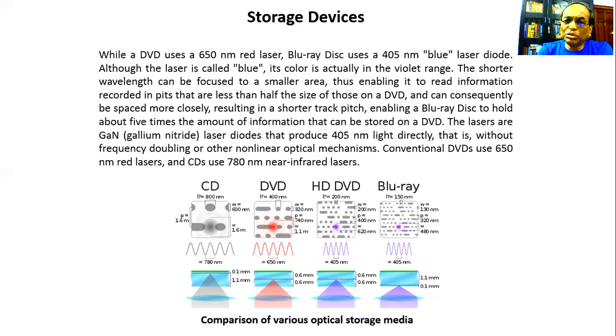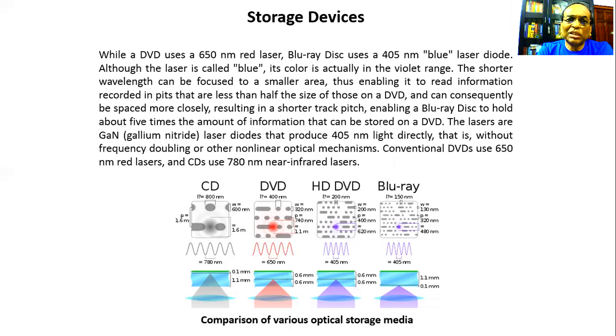Conventional DVDs use a 650 nanometer red laser and CDs use a 780 nanometer near infrared laser.